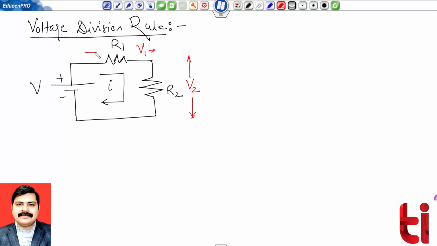I can easily calculate from this rule, and the rule says that voltage V1, across this resistance R1, equals the overall voltage across the series equivalent, that is voltage V, multiplied by the resistance across which we want the voltage, so R1, divided by the addition of all series resistances, R1 plus R2.